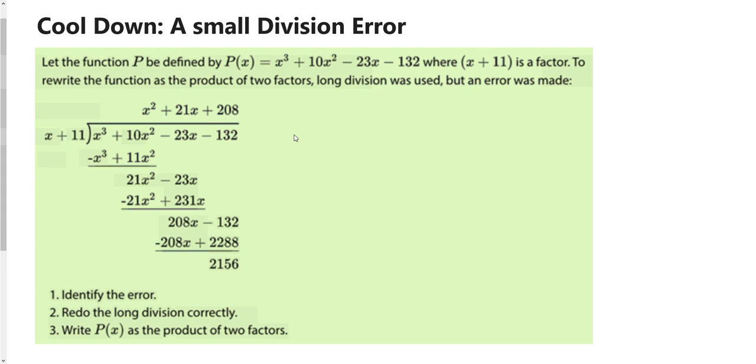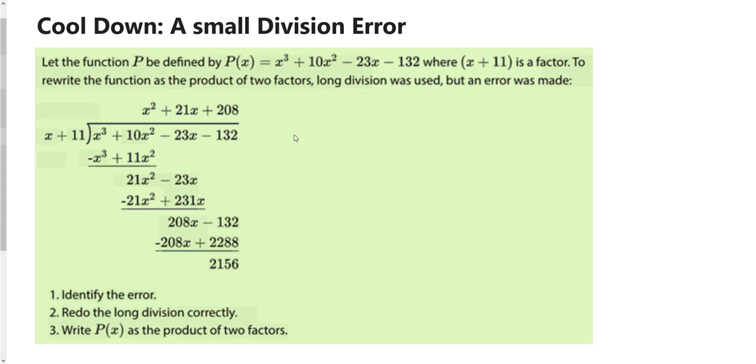Now, here's the thing. Just because you have an x plus 11 doesn't necessarily mean that the remainder has to be under 11, like it would for regular division. Because of the presence of the x, and x can be any number, your remainders could literally be anything. So for some problems, this could be correct. But here, it is not.